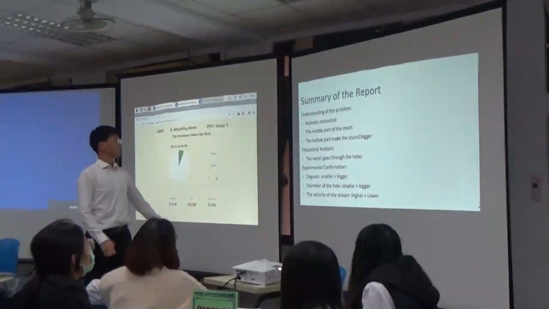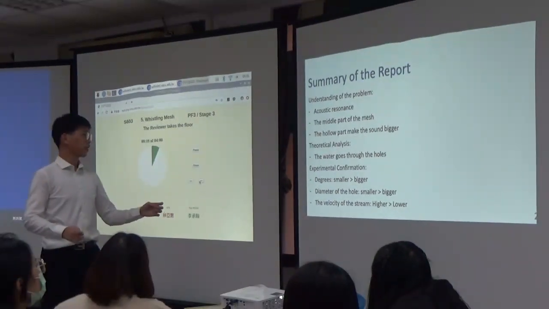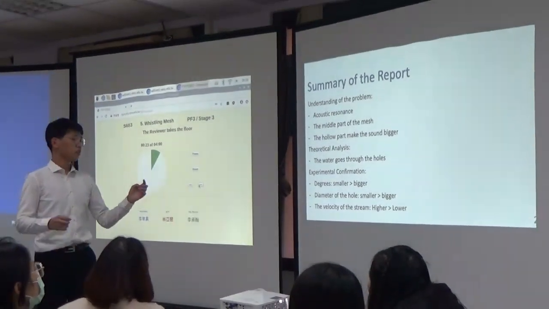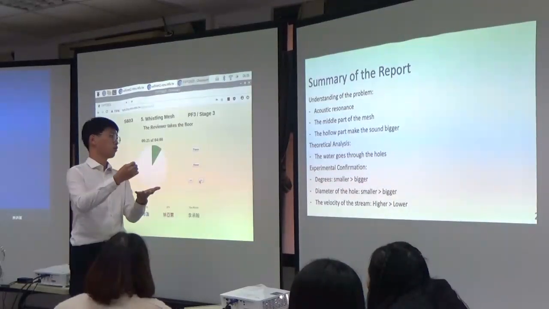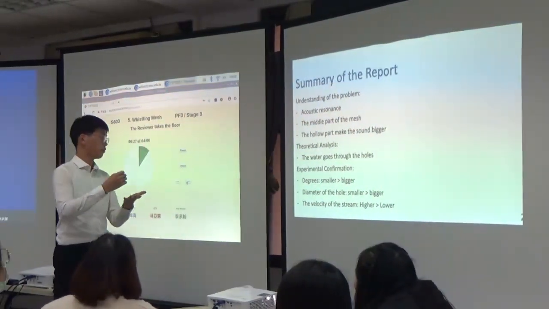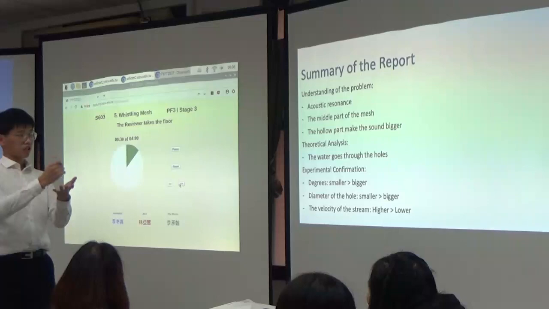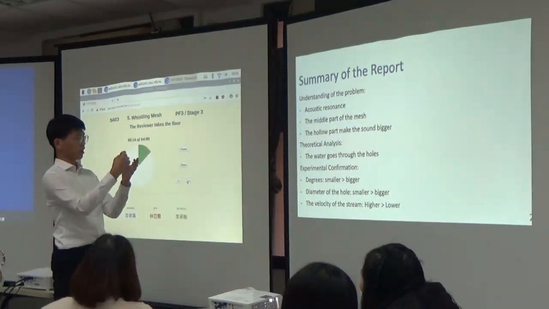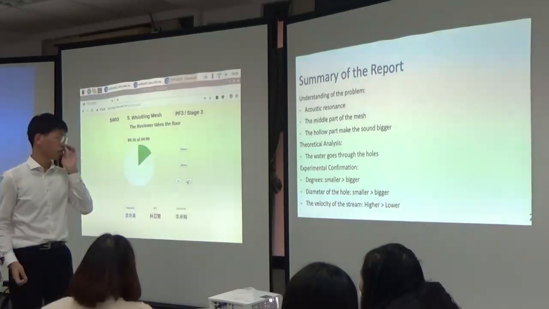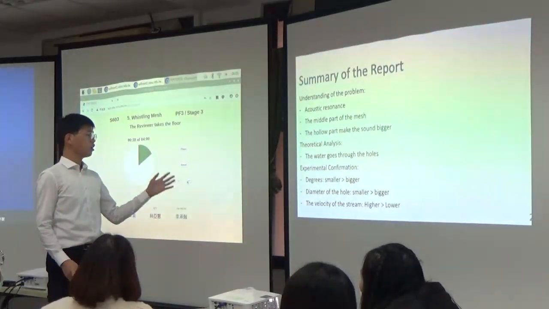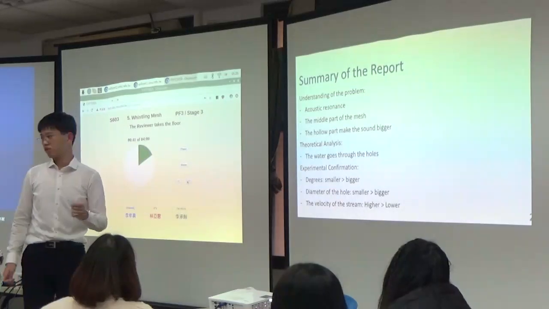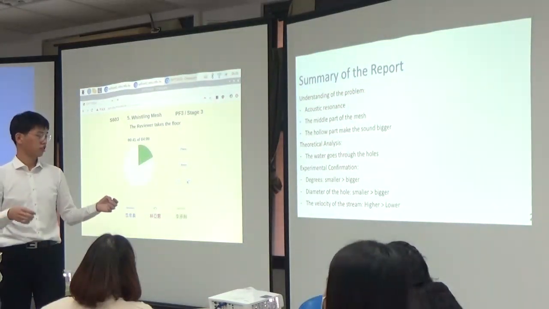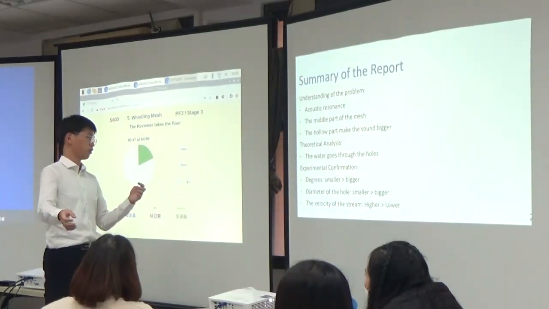First, the reporter thinks that it is related to acoustic resonance, and when the flow of the water hits the middle part of the mesh, it will cause a sound, and the hollow part under the mesh will make the sound bigger. And for the theoretical analysis, they think that the water goes through the mesh and makes a sound, but they didn't provide a theoretical formula, just like what was said previously.